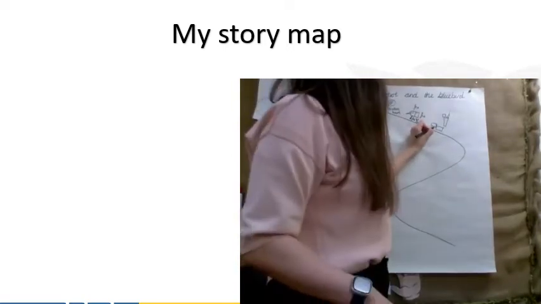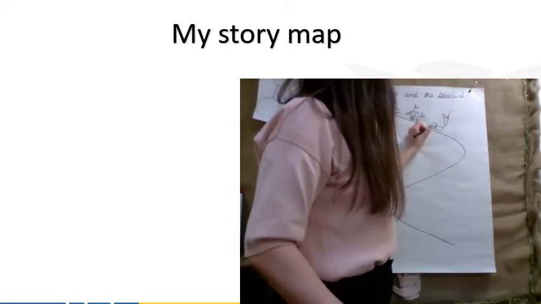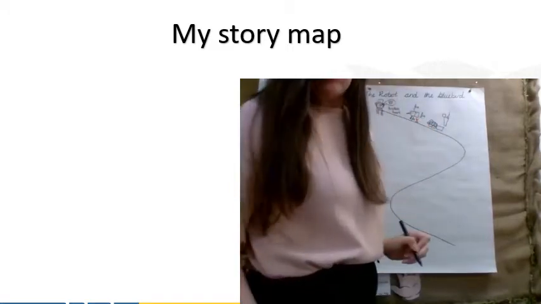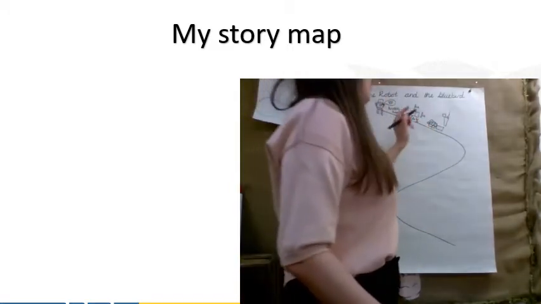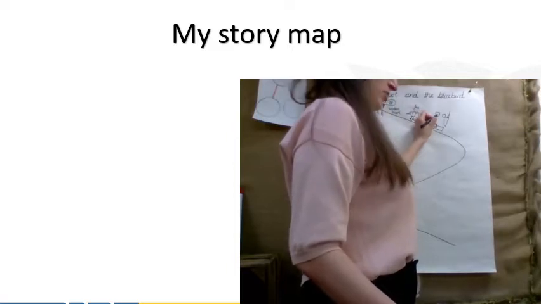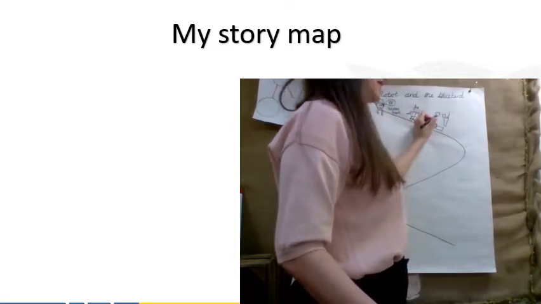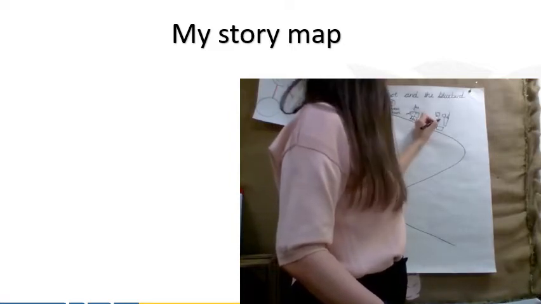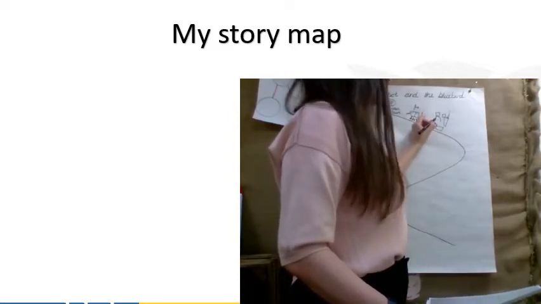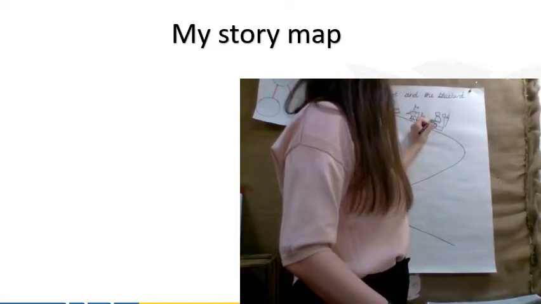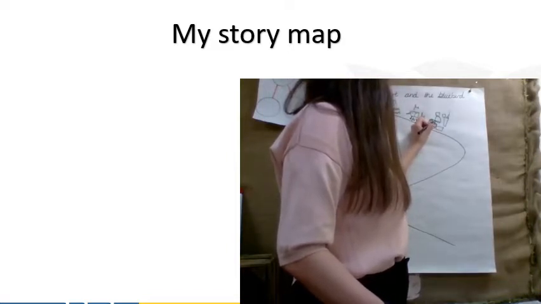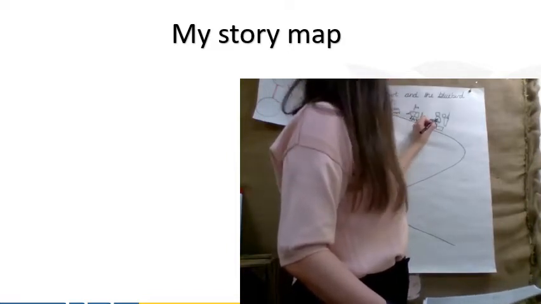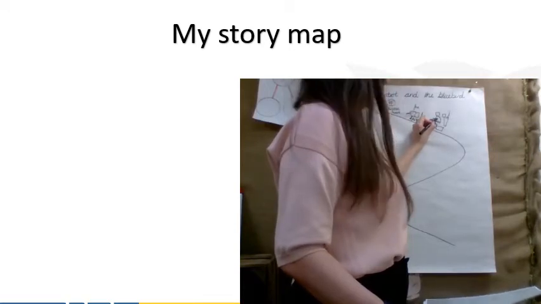So I'm drawing here lots of broken things, other machines that have got wires coming out of them and they're all broken, and our lovely robot who's feeling a bit sad. I'm going to draw a sad face on him. Sat, minding his own business, but feeling a bit rubbish.